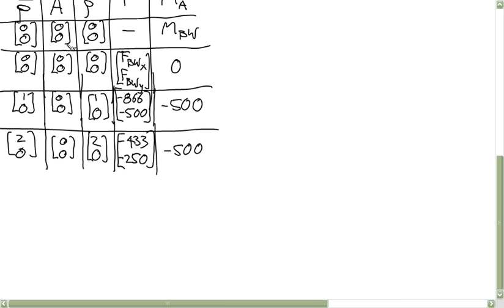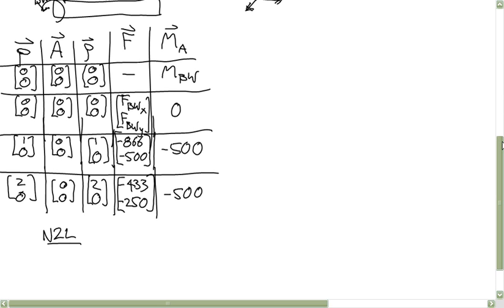All right, so now we're going to go from the table to the two versions of Newton's second law. First, the translational Newton's second law, the real Newton's second law. And in order to put these force vectors on the left side, you're just going to go straight down the force column of this table.